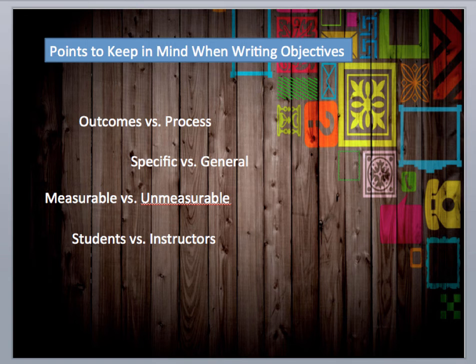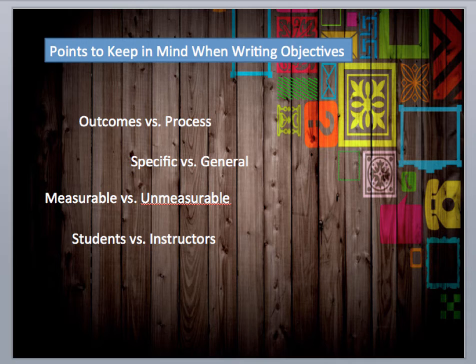Okay. So some things to keep in mind when you're doing this, you need to consider that your objectives are related to intended outcomes, okay, rather than the process for achieving those outcomes. So what this means is that teaching and lecturing is part of the process of instruction, but it isn't the purpose of instruction.